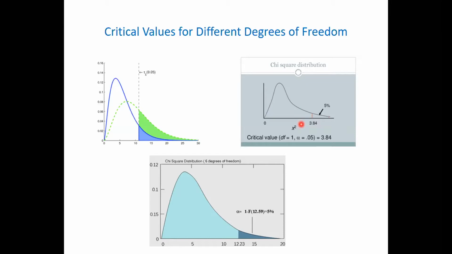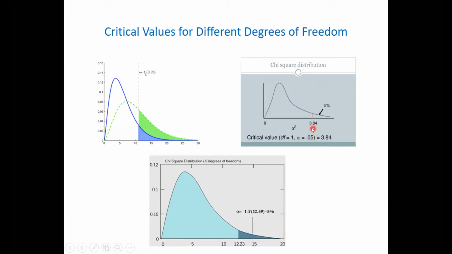For this degree of freedom, just square 1.96. 1.96 times 1.96 gives you 3.84. So the critical value, the value that corresponds with 95% confidence level for chi-square degree of freedom 1, is 3.84.